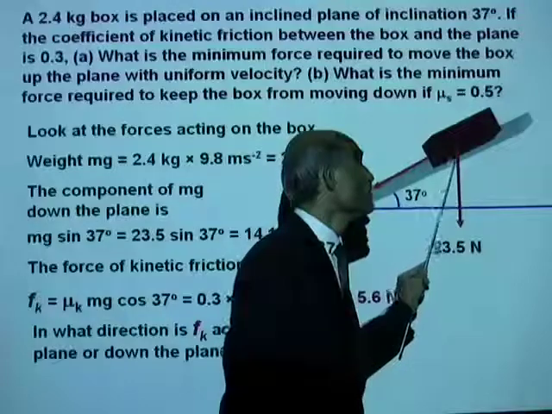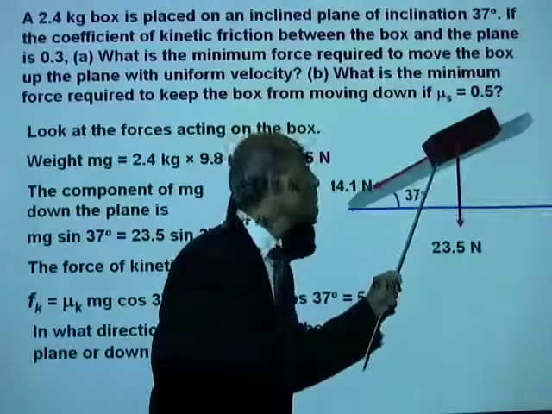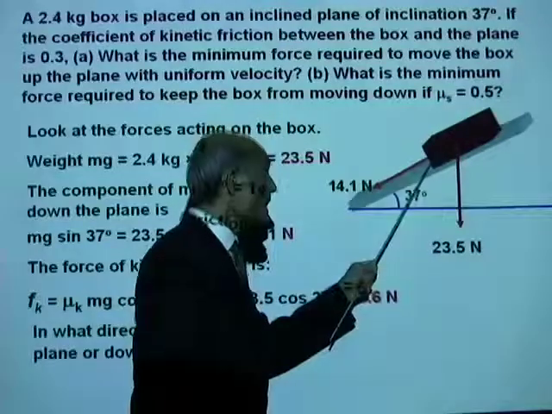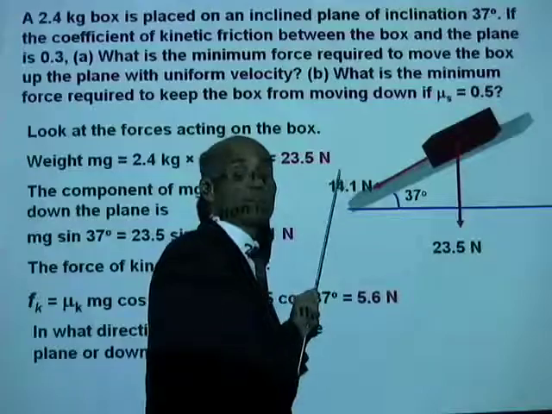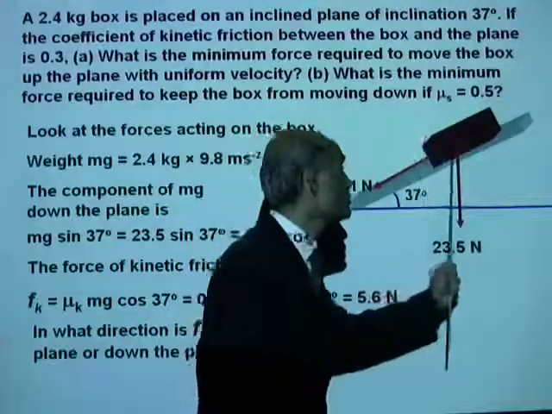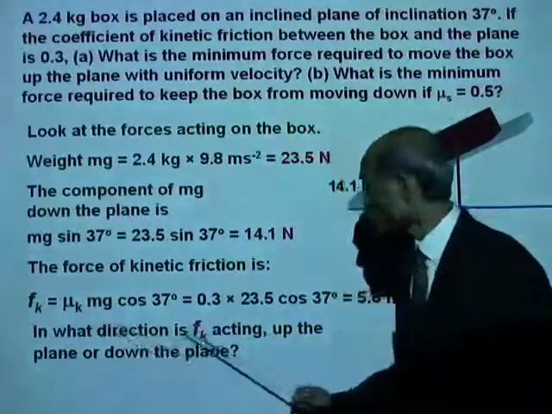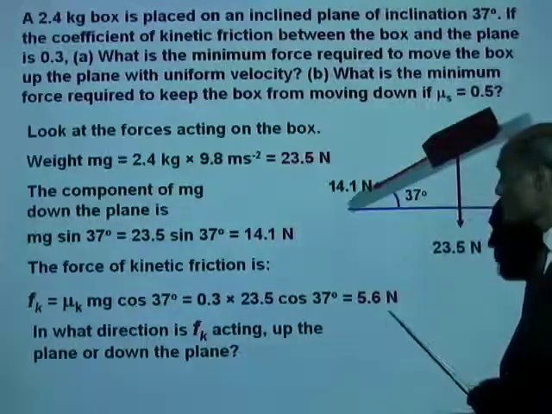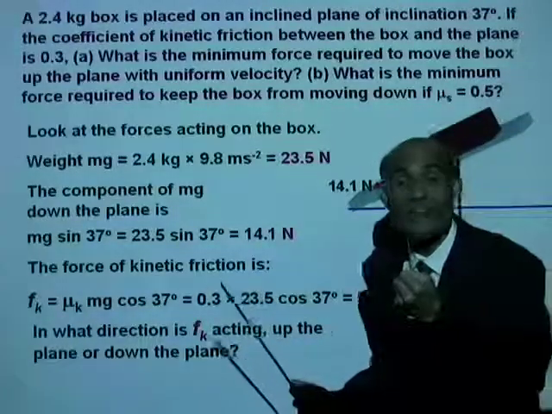Alright, when you move the box up the plane, what are the downward forces? Well, mg sine theta always acts down the plane. That will be always downward. And now, because you are moving the box up the plane, this frictional force Fk equal to 5.6 Newton is also acting down the plane.